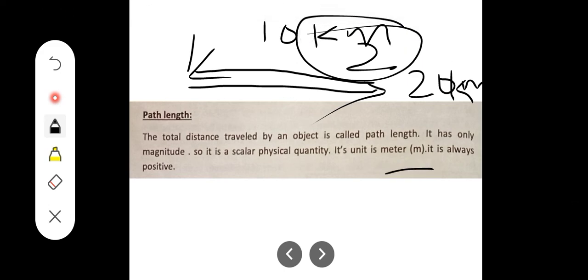It is always positive. It will not be negative. As it has no direction, there is no direction consideration here. So path length is always positive. So that is about path length. I think you understood.